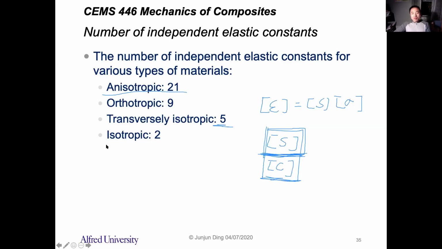And for the most special case, the isotropic material, you only have 2 constants. But that's not the case for our unidirectional lamina. For our unidirectional lamina, it's more of a transversely isotropic case, and in some cases we have to consider it as an orthotropic material. So that's a summary for today's lecture. We will cover more in depth in the next lectures. Thank you.